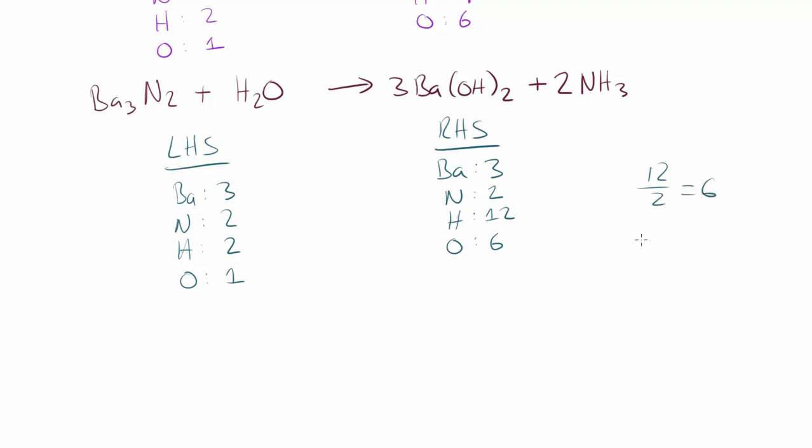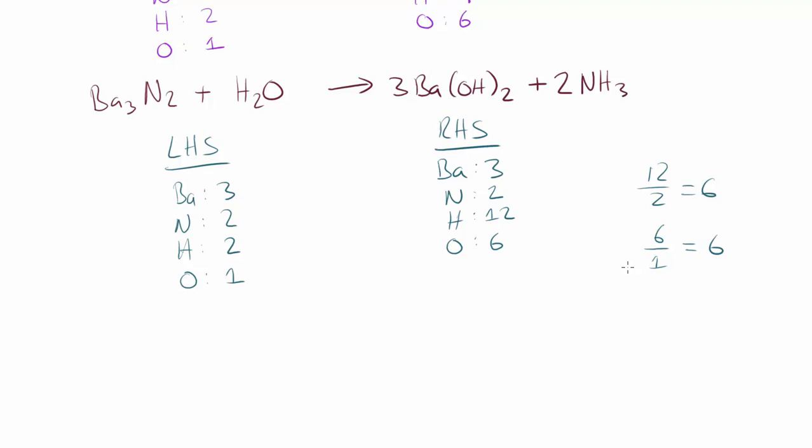And when we compare the oxygens, 6 divided by 1 obviously gives us 6. So in both cases, we need to increase the hydrogen and also the oxygen by a factor of 6.